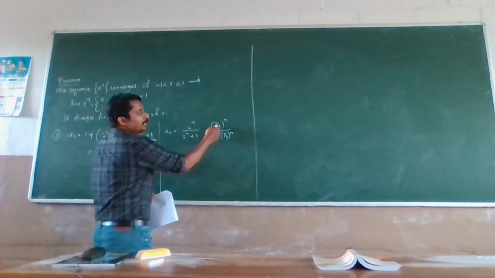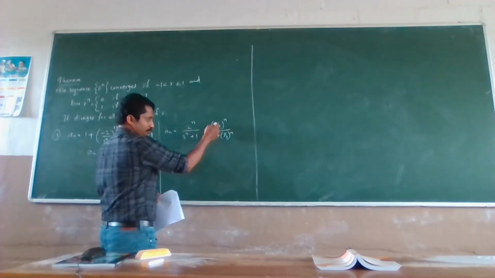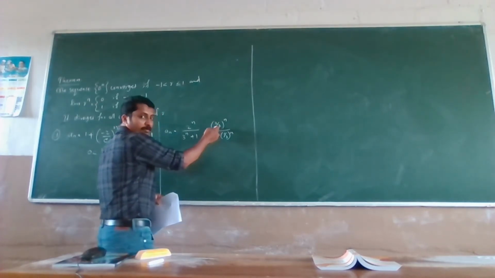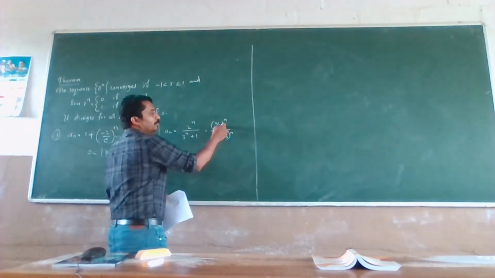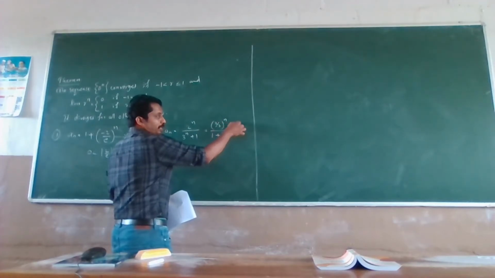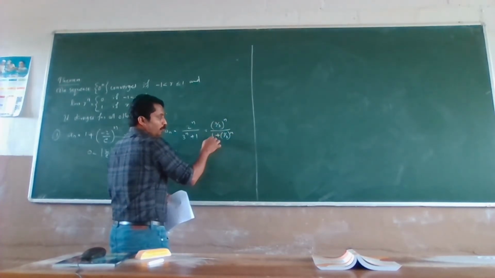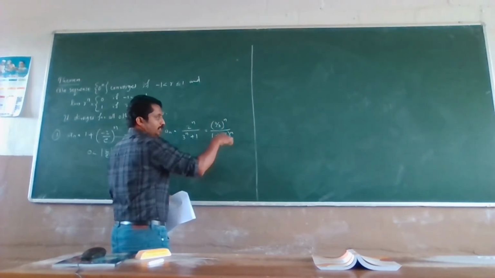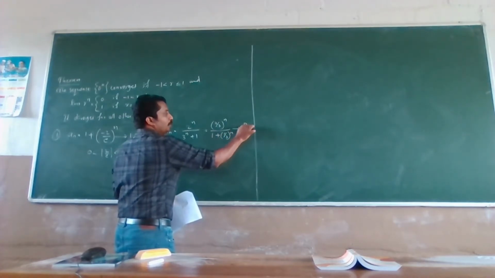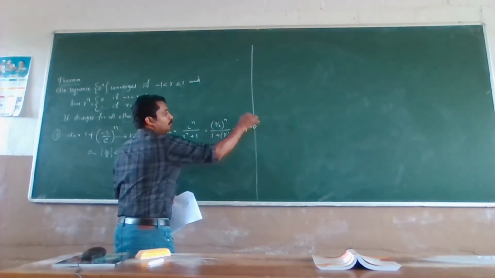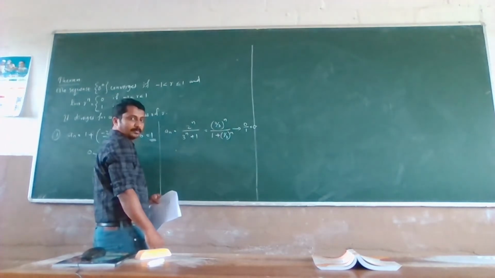Now 2 by 3, the absolute value of this is less than 1. So (2/3) raised to n converges to 0. Numerator converges to 0. (1/3) raised to n converges to 0. And 1 plus (1/3) raised to n converges to 1. So this quantity converges to 0 divided by 1, and that is equal to 0. Okay?